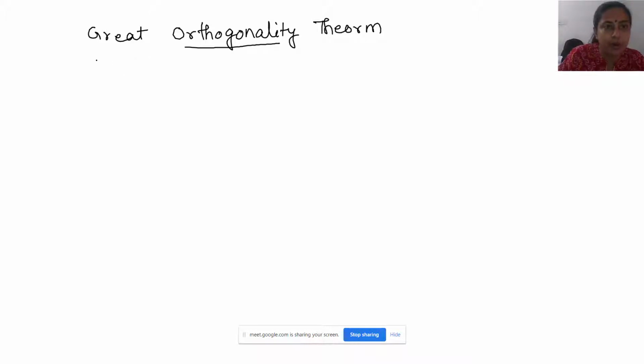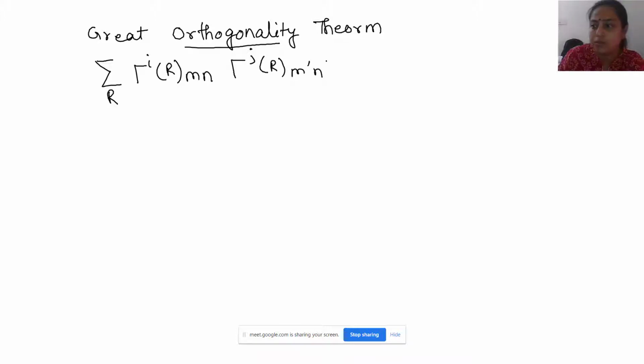So if we want to write the Great Orthogonality Theorem, it says about the summation, which means it has to be summed over all symmetry operations.